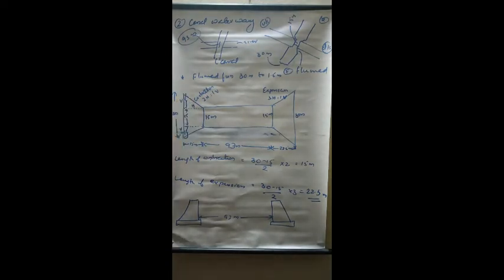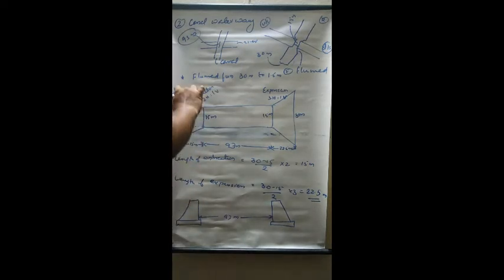30 is the total, minus 15, we will get the sum of the vertical portions. And if you want to get the vertical length, we can divide it by 2. So to get the length of contraction, first of all we are finding the vertical length.